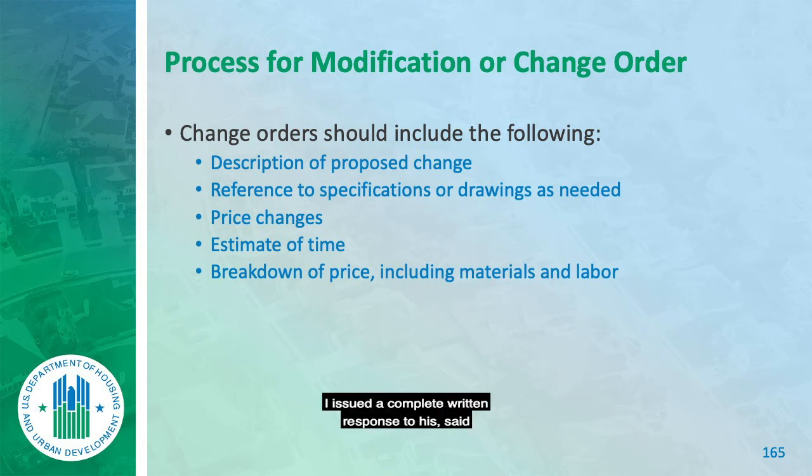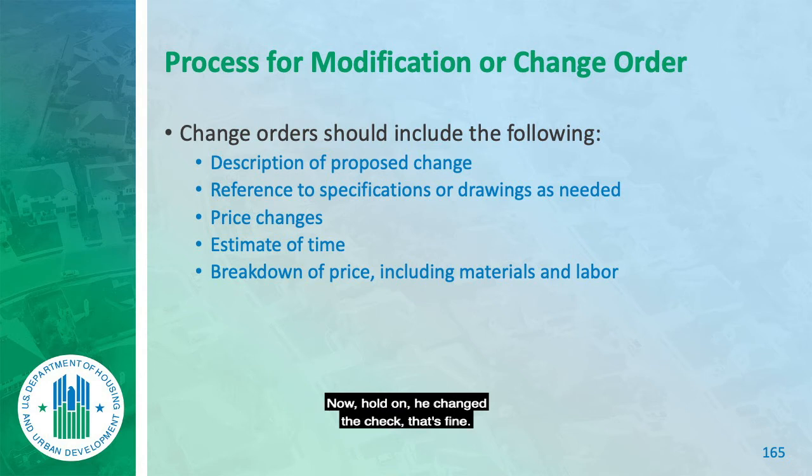That's fine. I issued a complete written response to his, saying what we agreed to and why, and what we did not agree to, the $15,000, and why. And I sent him the check, certified mail, for $18,000. And it said at the bottom, payment in full. So he was mad. He took that check, scratched out the payment in full and wrote, no, we're still in dispute for $15,000, and he cashed the check.